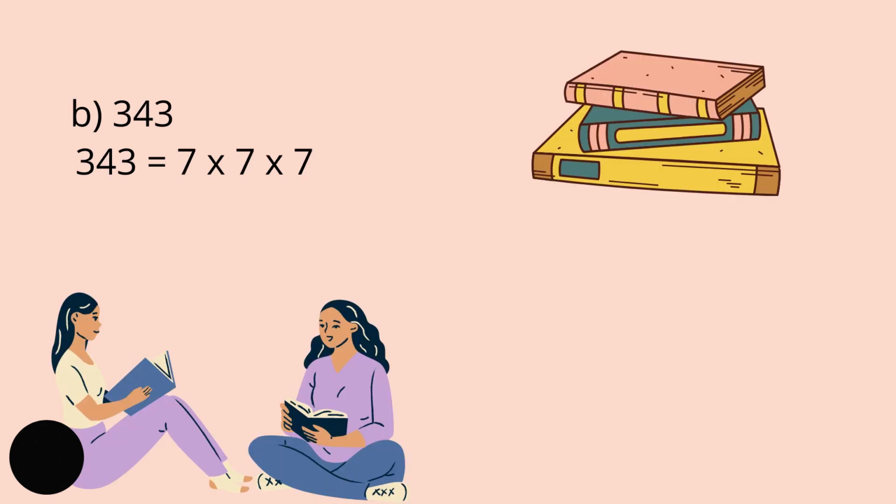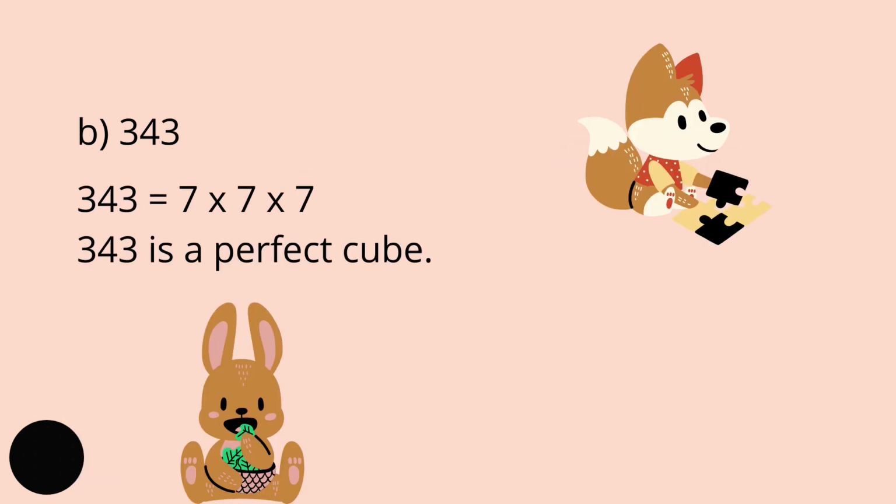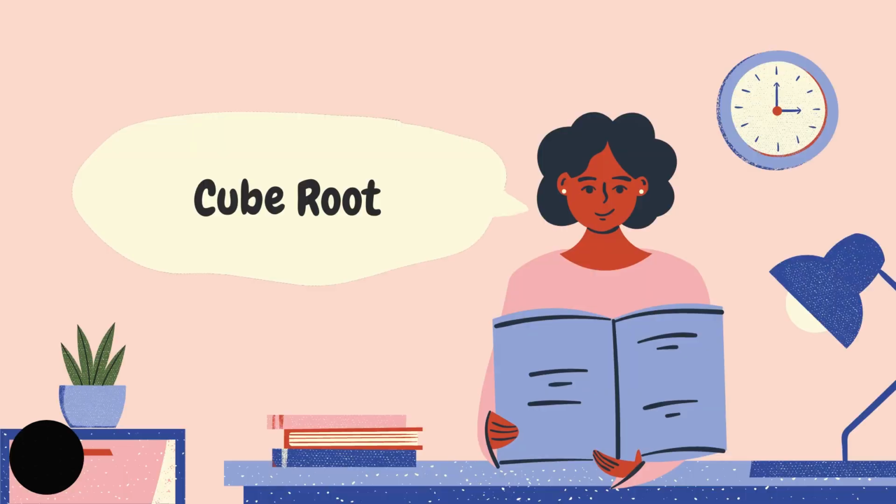B, 343 equals 7 multiplied by 7 multiplied by 7. So there are three 7s here, which are equal integers. So 343 is a perfect cube.